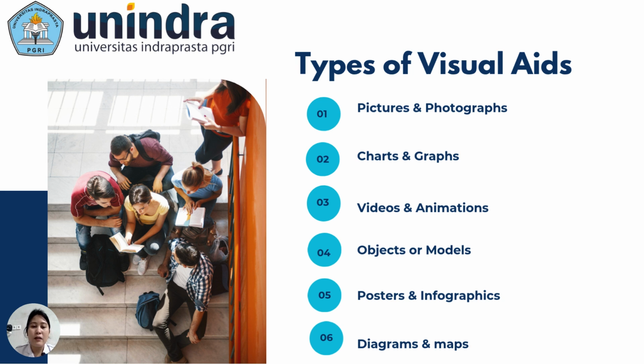The fourth one is about objects and models. What is the difference between objects and models? An object is a real item and a model is a scaled down version. That's the difference. Objects and models are physical visual aids that help learners connect English vocabulary and expressions with real world items.